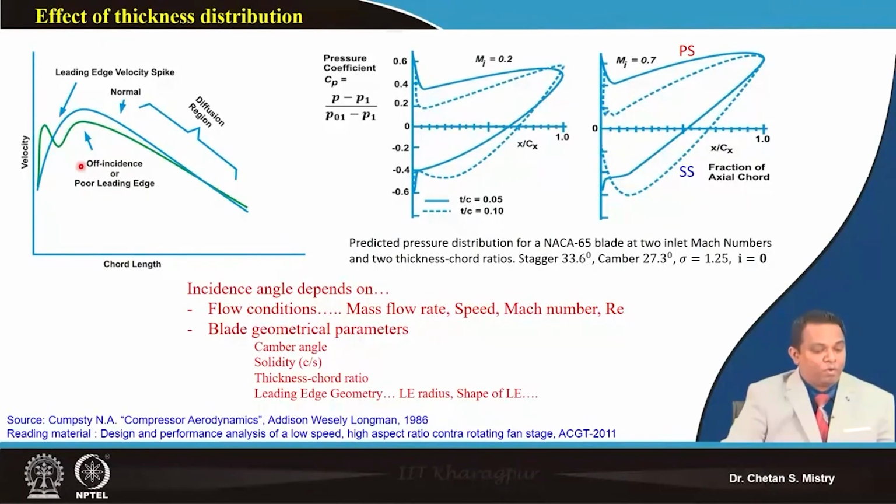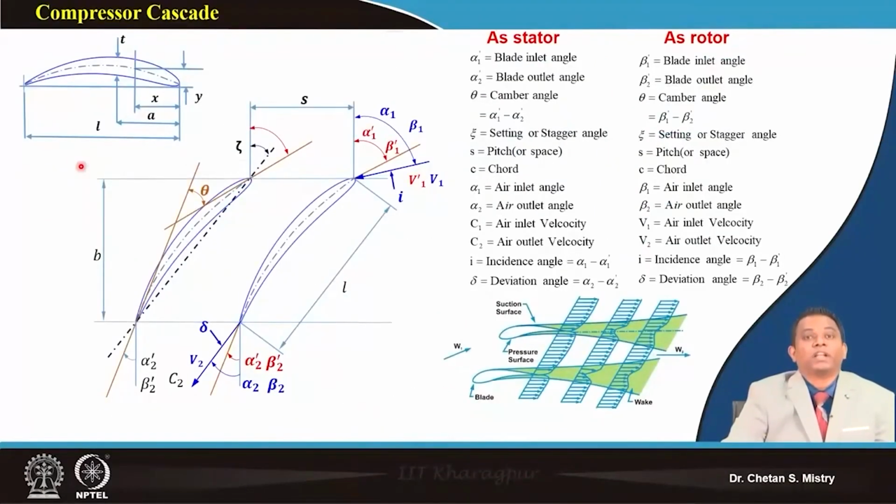Okay, now let's move towards the next understanding. In this case, at the entry we have discussed the incidence angle. Now the second important parameter for us to consider is the deviation angle, which we have discussed earlier also.